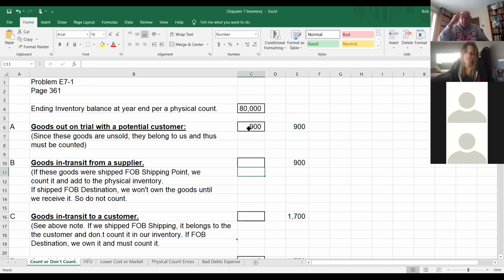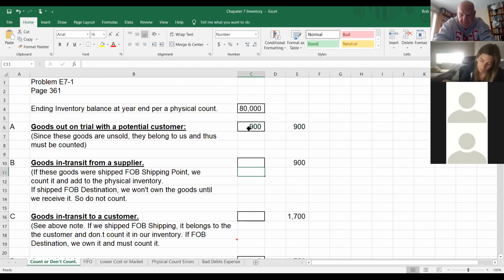FOB. Have you seen FOB in your chapter? It's there, right, Sudha? Yeah. FOB, freight on board. FOB is simply the point in time where title changes.